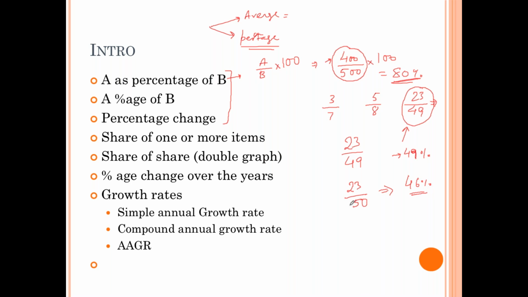Now what have we done? We did not take 50, instead we took 49. So I have reduced my base by 2%. So this value should increase by 2%. So my answer should be 46.92 if I go by this logic. And if you want to know the right answer, you may use a calculator to find 46.93. So guys, you can see we are very close to the exact value.